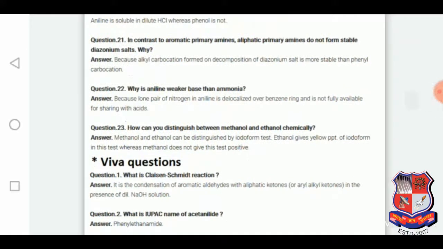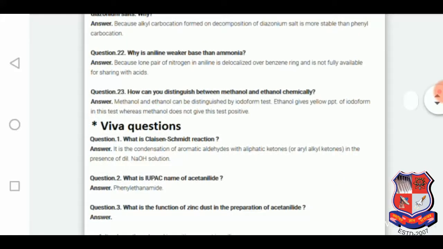Why is aniline a weaker base than ammonia? Because the lone pair of nitrogen in aniline is delocalized over the benzene ring and is not fully available for sharing with acids.